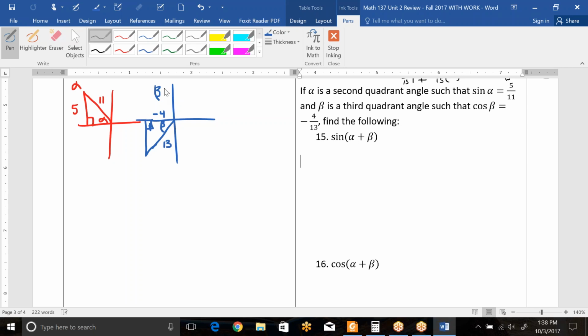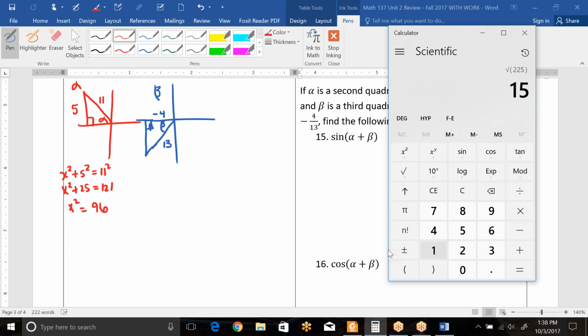So we need to first find out the missing sides for each of these. So this would be x squared plus 5 squared equals 11 squared. And that would be 25, that would be 121. So if we subtract, that's going to be 96, I believe. I'm going to double check that. Yeah, 96.